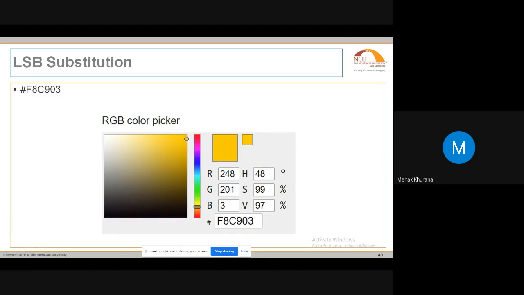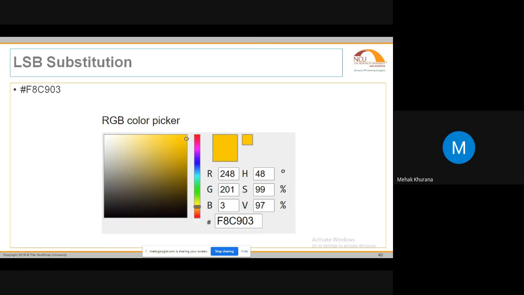Whenever you are trying to paint, or add an image to your system, you can add a color to it by using the command in your Word format or in the PPT to change the color. You can add this hexadecimal value, and it will give you this color. So it has shown me that if I select this RGB, I get this color.